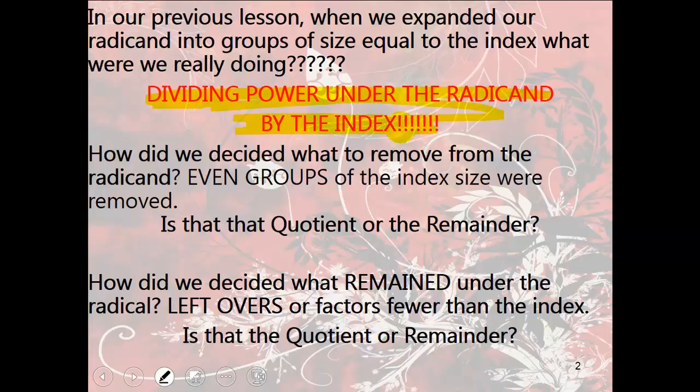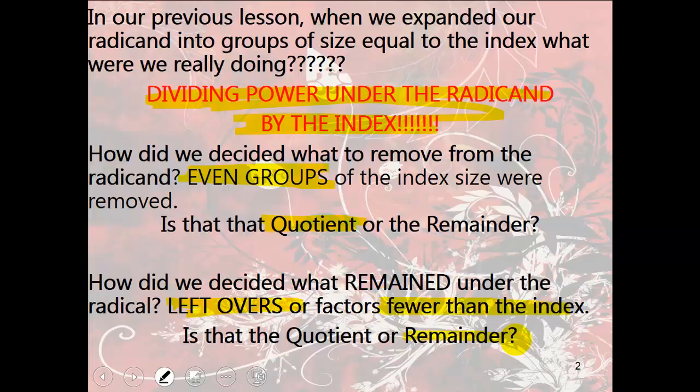And then whole groups, you could think of this as even groups, were moved out in front, and that corresponds to the quotient of our ratio. And anything that was left over, or anything that had fewer than the index, had to stay under the radical. That's the remainder, okay?